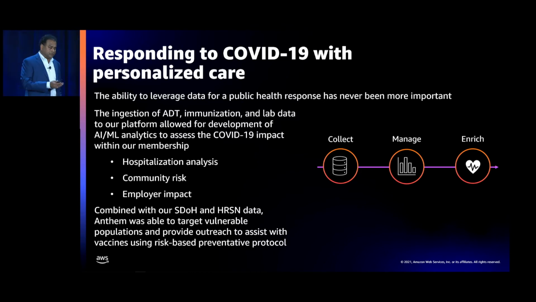We obviously can't remove prior auth because we still need the checks and balances, but we thought automation, being able to electronically exchange medical records and comparing them with clinical policy, is really the right way to do it. Those algorithms keep improving, and we monitor how good our automation algorithms are and keep making them better with more data and the learnings that we have. So these are some of the examples.